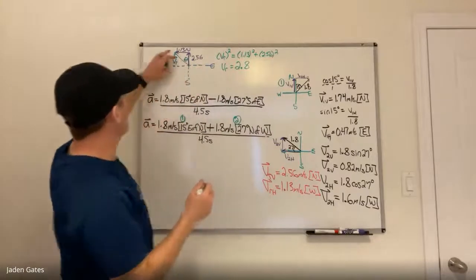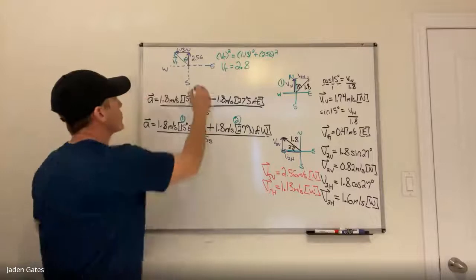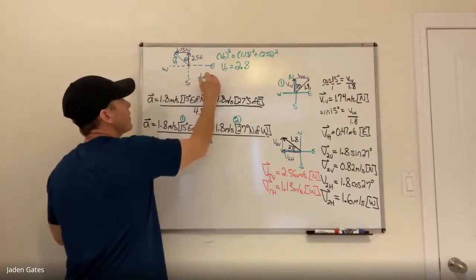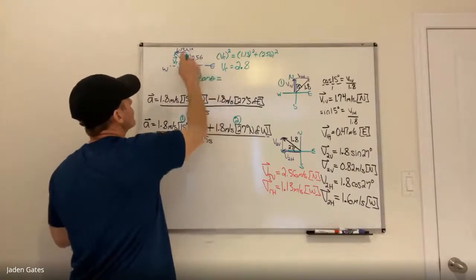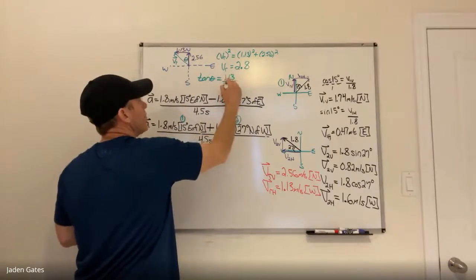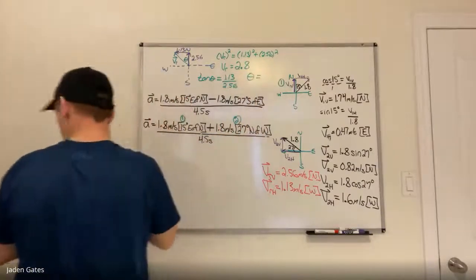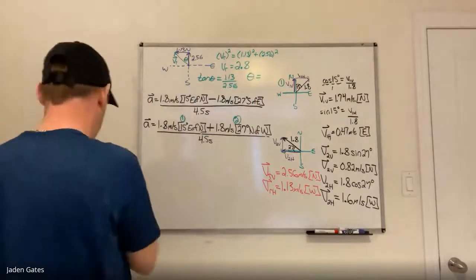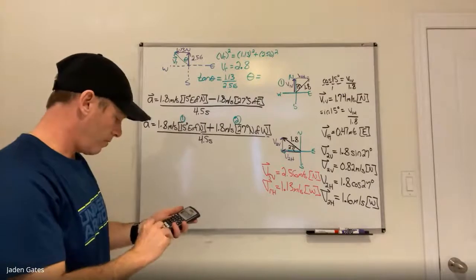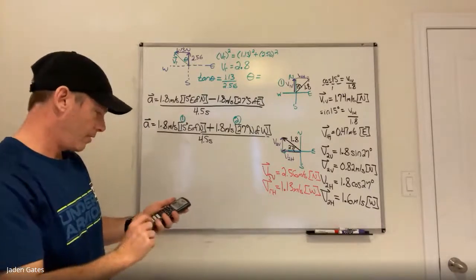All right, now I look at direction. Again, I'm going to use trigonometry here. I want this angle here theta, so I got the opposite and the adjacent. So we got tan theta is equal to opposite, the 1.13 here, divided by the 2.56. All right, and my angle, let's see, what do we get here? So again, use my calculator. So we got to go 1.13 divided by 2.56.